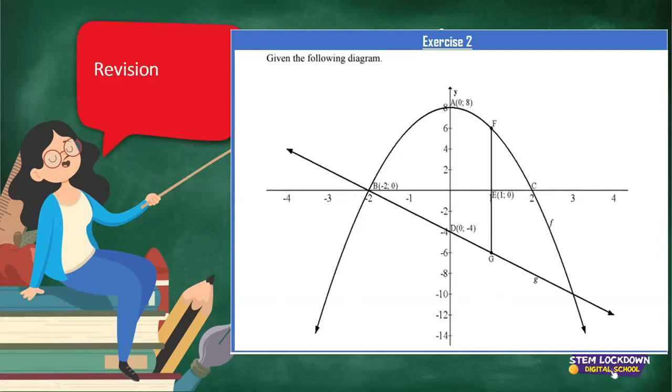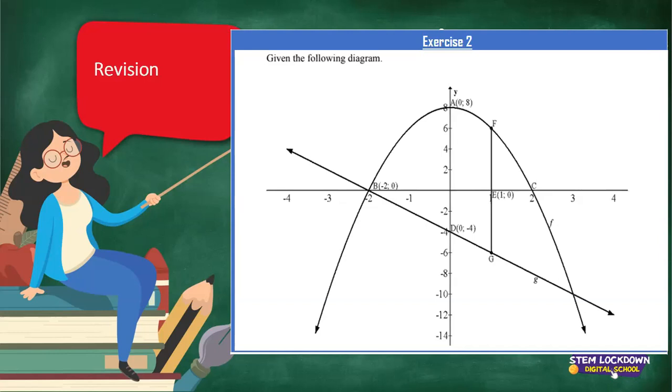The equation of a parabola is y equals a into bracket x minus x1, close bracket, then bracket x minus x2.